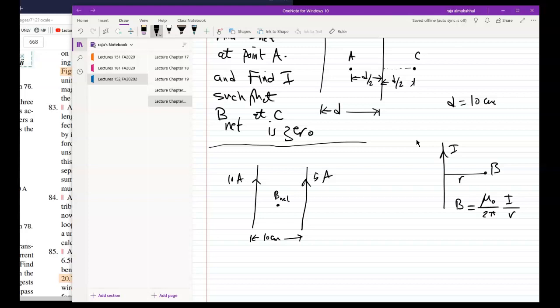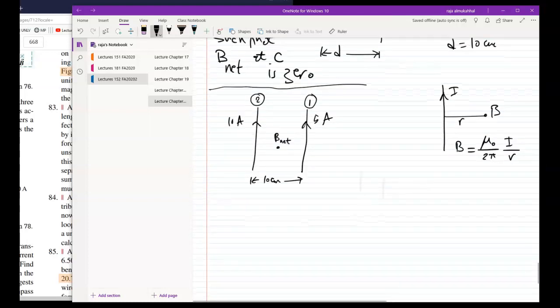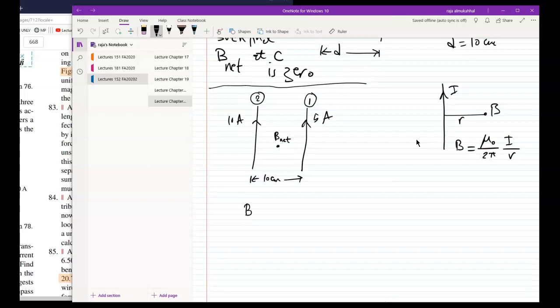B net. Okay, if I call this wire number 1 and this is wire number 2, as far as wire number 1 is concerned, B1 is equal to, again, using Ampere's law, mu naught over 2 pi I over, well, how far is it from wire 1?